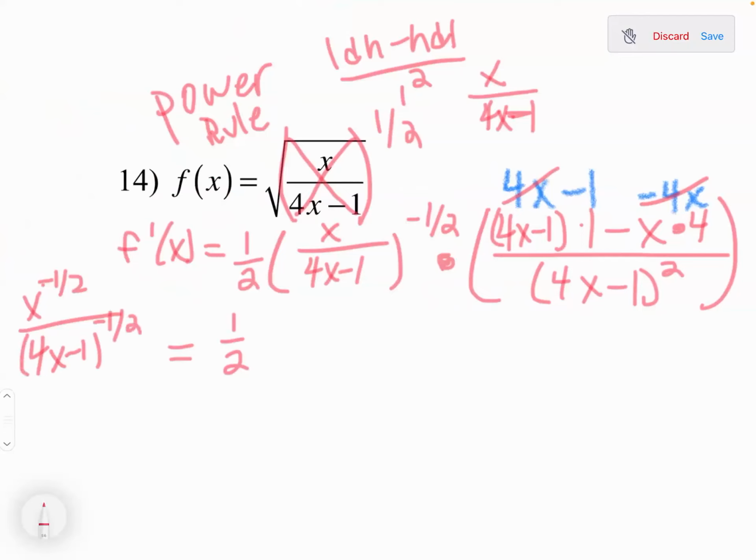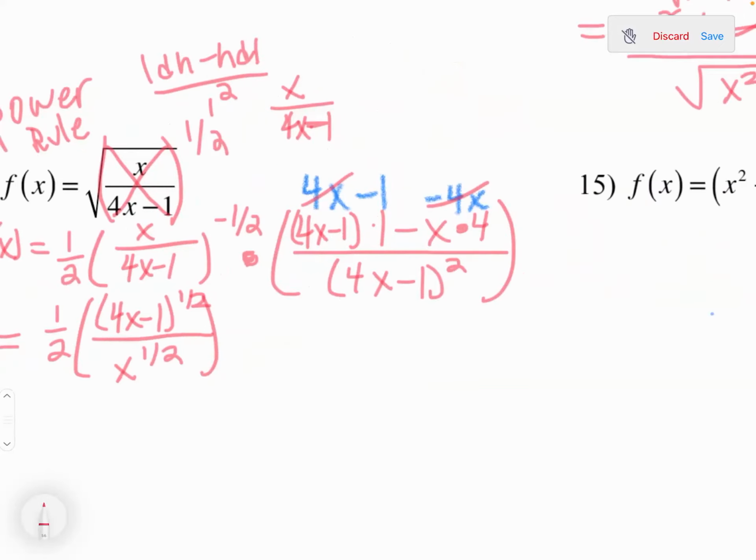And then if we want to make both of those exponents positive, we can just switch both of them. So the 4x minus 1 to the 1/2 power goes to the top, and the x to the 1/2 can go to the bottom to make it positive. And we're going to multiply this by negative 1 over 4x minus 1 to the second power.